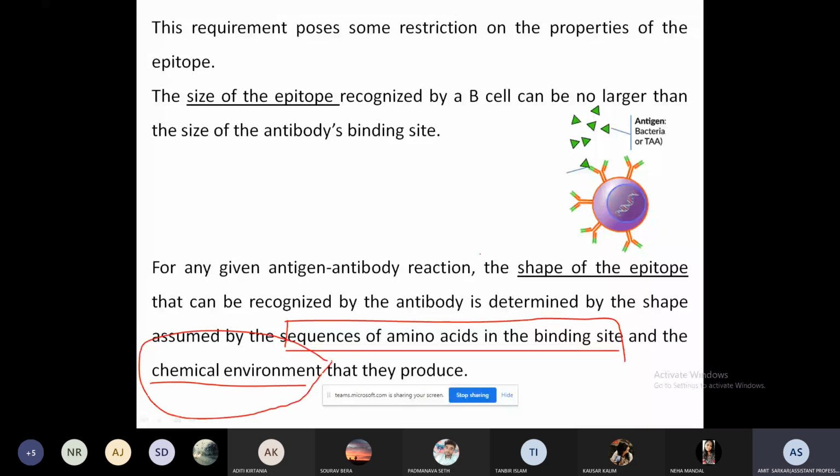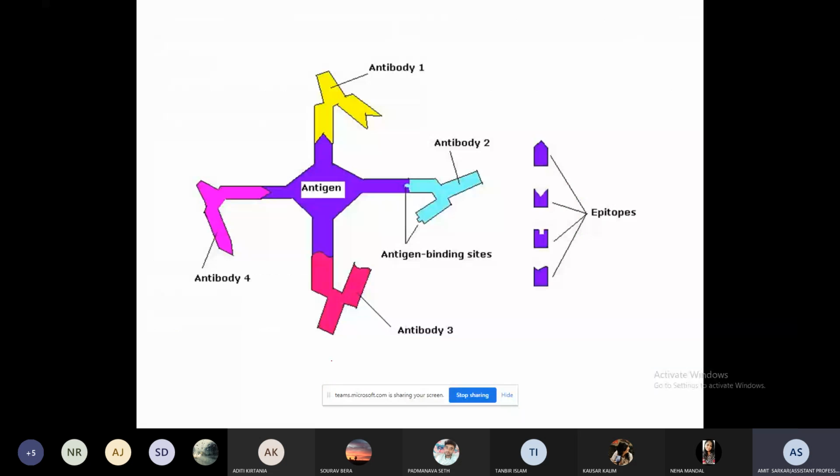Okay. So this is just another picture. You can think that this is an antigen. We have 4 different epitopes here, with different shapes. You can see one type of shape over here, another shape like here, another shape, and another shape. And 4 different antibodies in 4 different colors are binding to these epitopes.